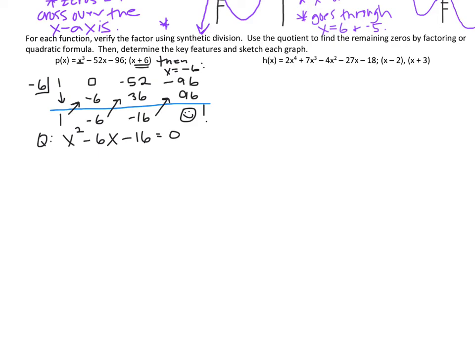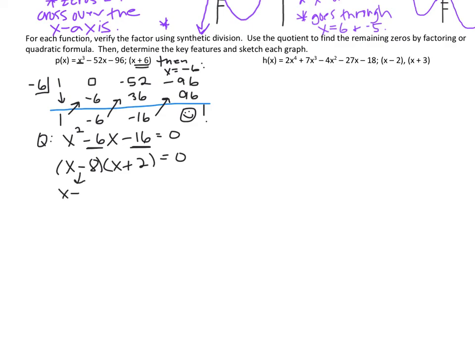Hopefully this is factorable. If we have x squared minus 6x minus 16, what are two numbers that multiply to get negative 16 but add to get negative 6 in the middle? Hopefully you recognize we could do x minus 8 and x plus 2. So that factored very well for us.